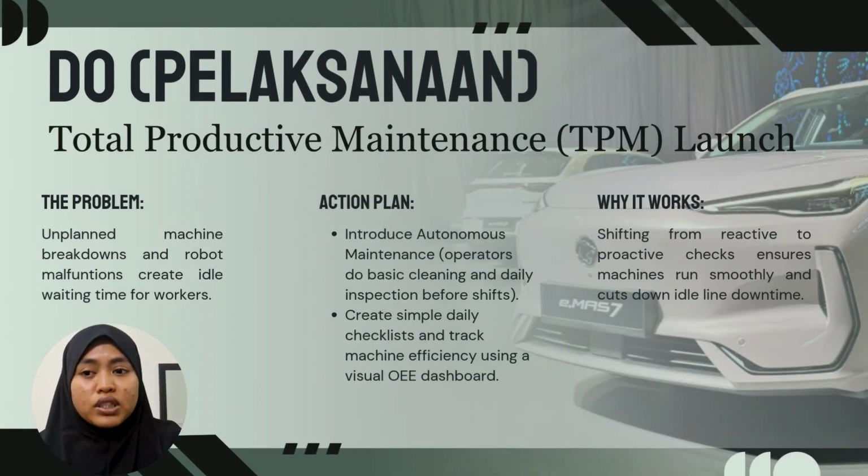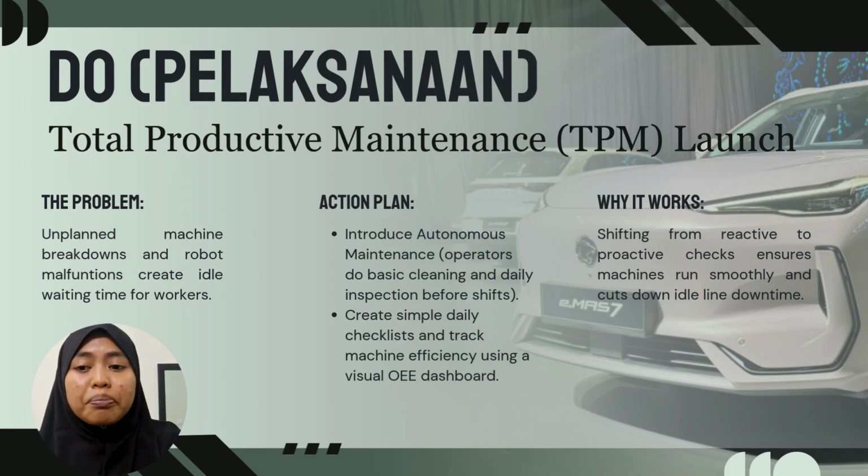Moving on to the first phase of our solution, which is the total productive maintenance (TPM) launch. We identify that unplanned machine breakdowns and robot malfunctions are major pain points on the line. When these unexpected stoppages occur, they create waiting time for Proton workers, which directly drags down overall operational efficiency. To tackle this, our action plan is twofold. First, we will introduce autonomous maintenance, where the operators themselves will perform basic cleaning and daily inspection before their shift starts.